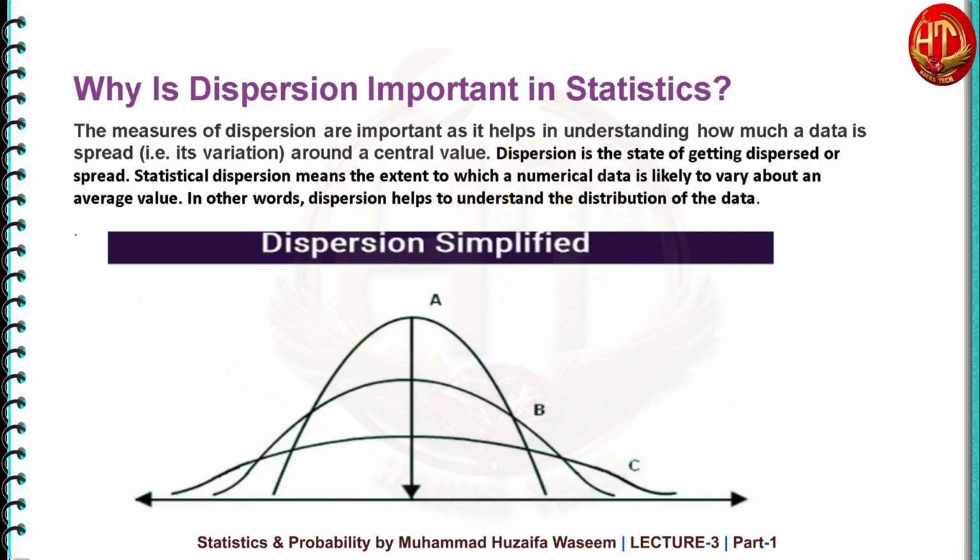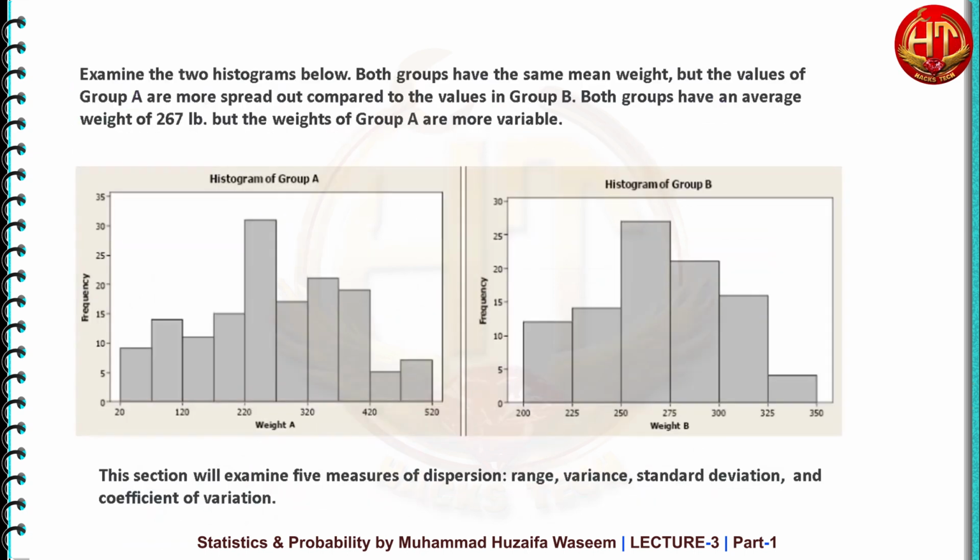In this graph, you can see that two or more sets of data may have the same arithmetic mean value but differ in variation. Graph C has the largest variation, the largest spread, as compared to graph A. Examine the two histograms below.